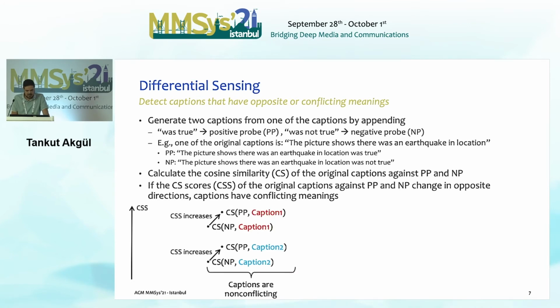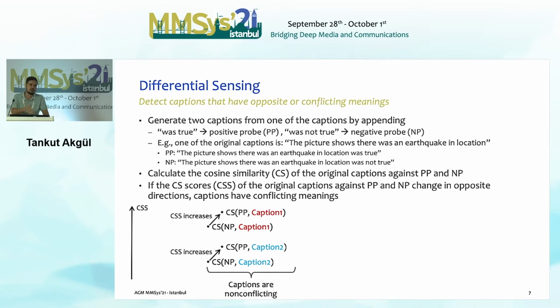And then we check the similarity between these probes and the original captions. If both of the captions align better with the positive probe, we determine that these captions have similar meanings, or they don't have a contradictory meaning.